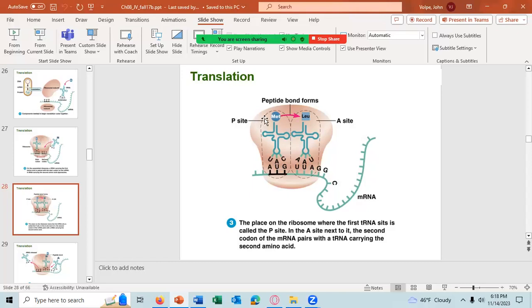So it's a ribozyme that is removing this amino acid, and then it's also a ribozyme that is attaching that amino acid to this amino acid to begin growing the polypeptide chain, which will become, when it's all finished, the finalized protein. So we can call this the start of the growing protein. And that's the only ribozyme we'll ever talk about in this class.